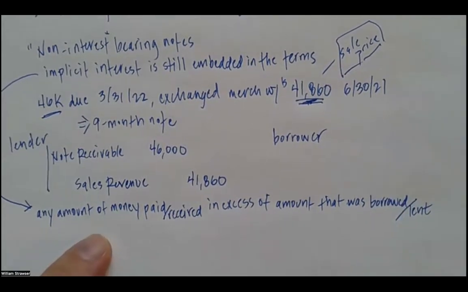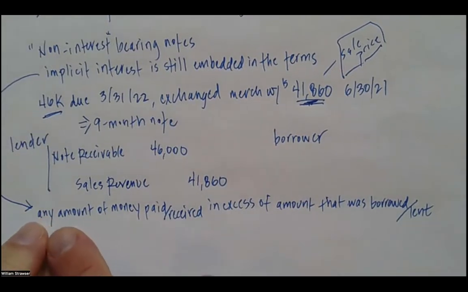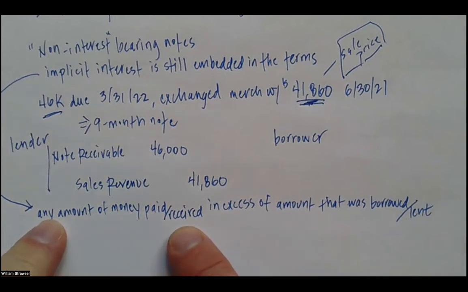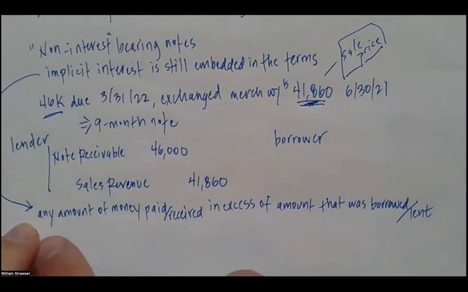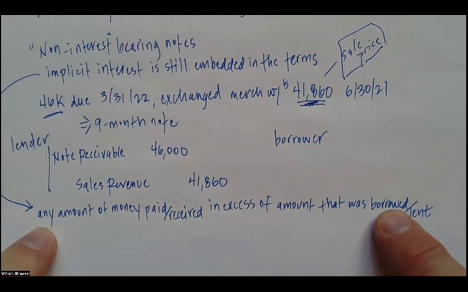So, right, it reads both ways depending on whether you're the lender or the borrower. For the lender, it's any amount of money received in excess of the amount that was lent. For the borrower, it's any amount of money paid in excess of the amount that was borrowed.